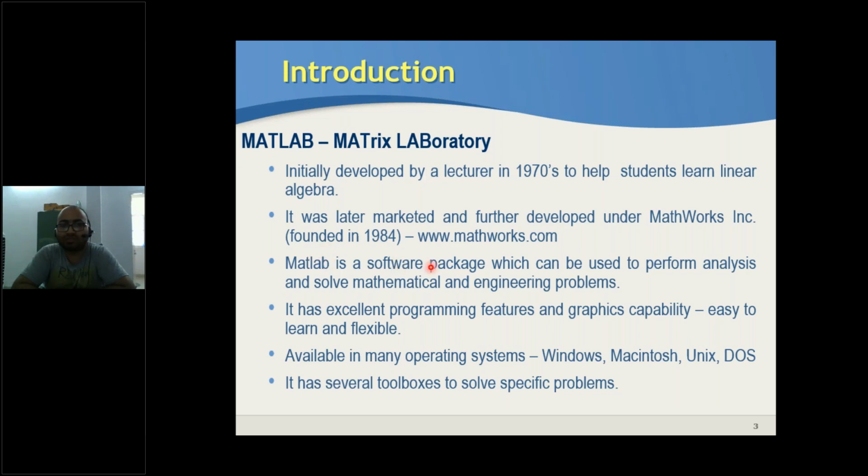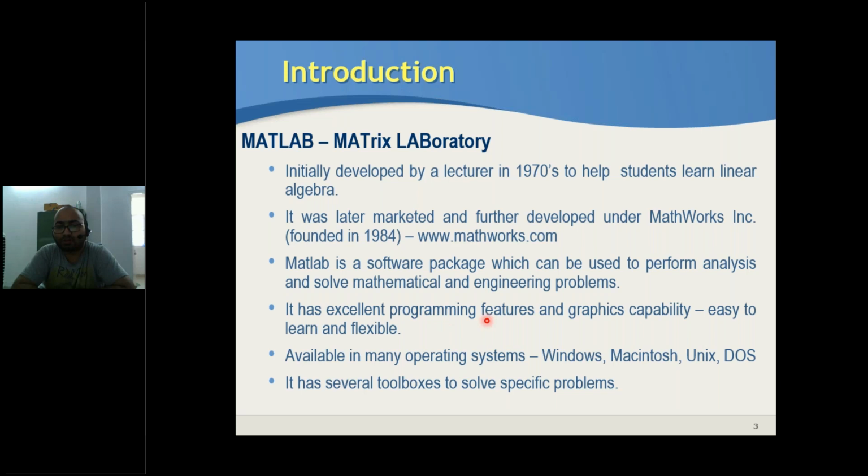So it is a software package which can be used to perform analysis and solve mathematical and engineering problems. Basically, MATLAB is used for solving mathematical and engineering problems using a coding language. And it is a high level language, so any normal coding programmer can easily program it.